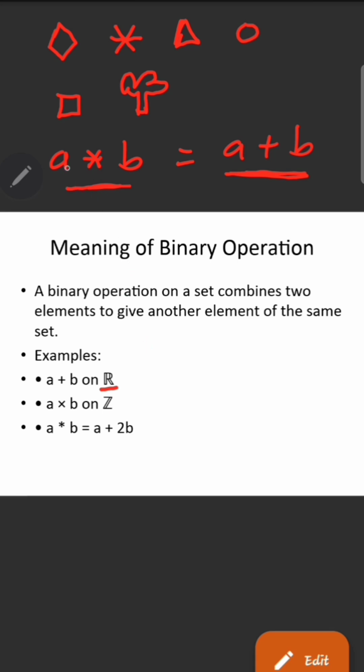So since we have A operation B equals A plus B, assuming you are given numbers like 2 operation 3, what will it be? Given that A operation B is A plus B, what will be 2 operation 3?